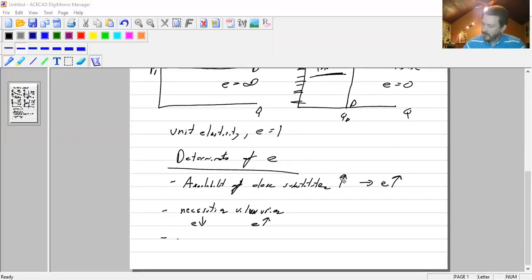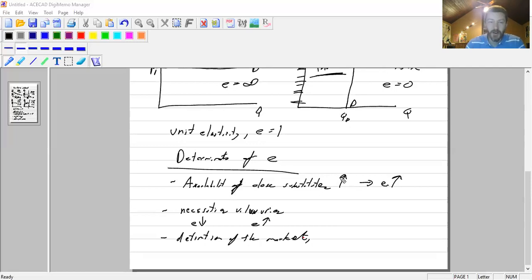The next one is simply our definition of the market. We're kind of talking about this in an absolute sense right now, but in the real world, a lot of this is ambiguous. What I'm giving you is a way to think about these issues, but in the real world, you have a lot of follow-up questions when you're trying to calculate or think about elasticity.